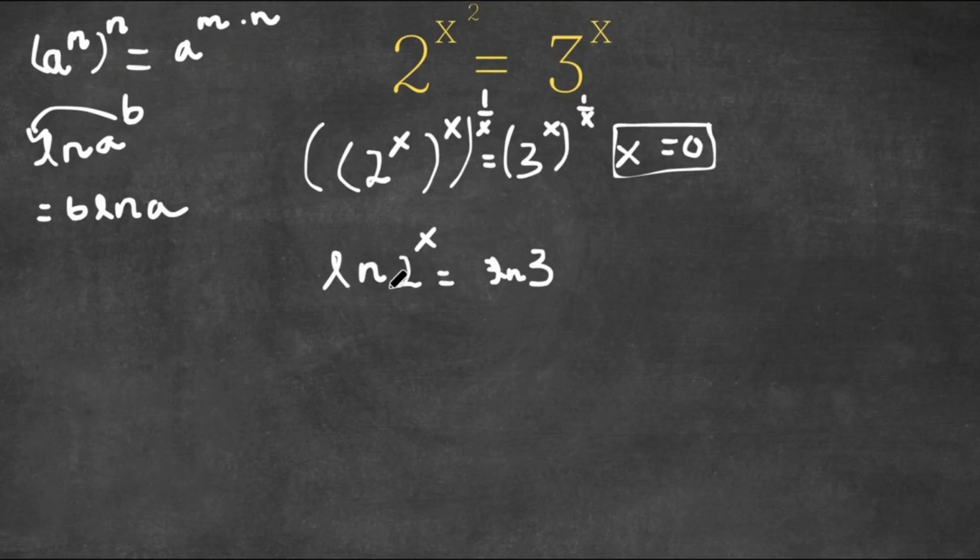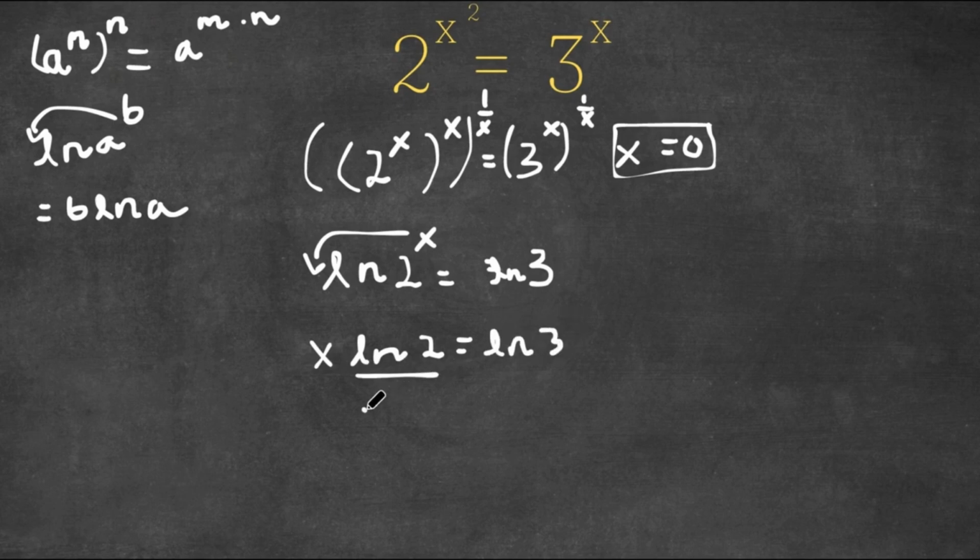So in this case, we have ln of 2 to the power of x, and we can think of x as b and 2 as a. So we can move this exponent x to the front of the logarithm. So this would be x times ln 2 is equal to ln 3. Now I'm going to divide both sides by ln 2.